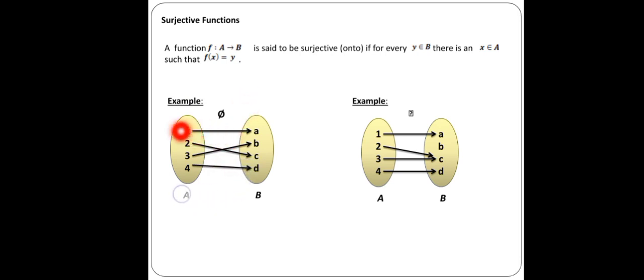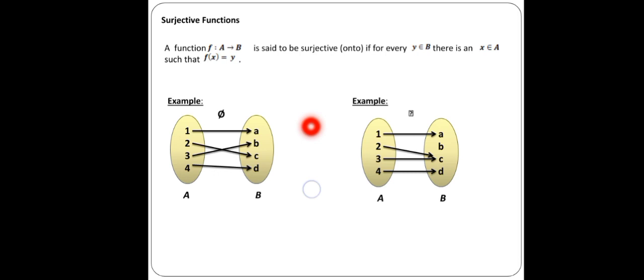Suppose we have set A with the numbers 1, 2, 3, and 4. In set B, we have A, B, C, and D. We're going to define the function phi that maps 1 to A, 2 to C, 3 to B, and 4 to D. So the question is, is this surjective?